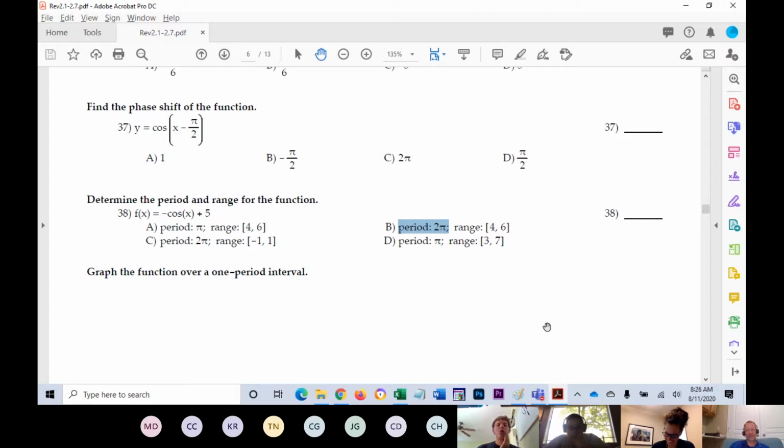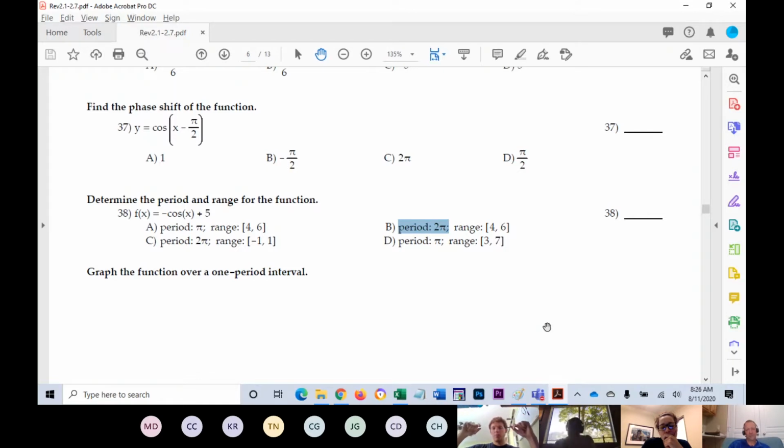So our range for a cosine function is always, without any translations, from -1 to +1. Well, it's the range of the y values. So if we're adding 5, that moves the whole wavy thing up 5.